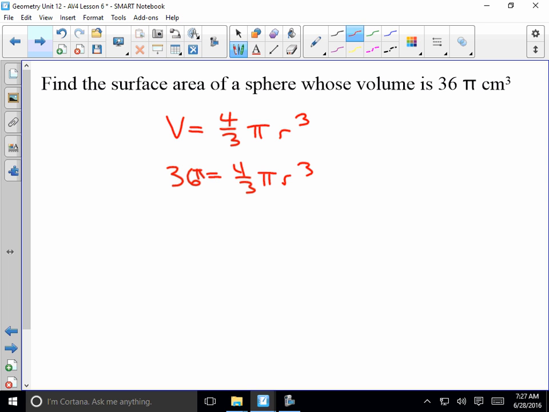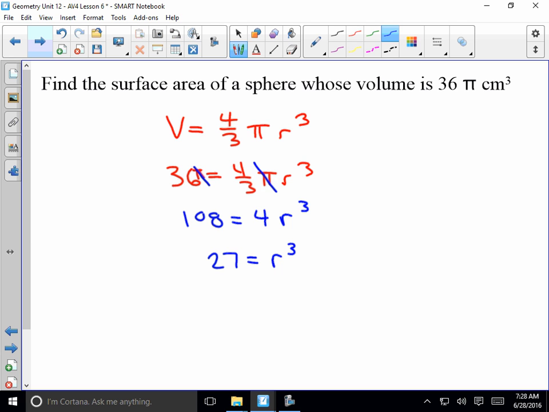Okay, and remember, we want to find some ways to make our work a little bit quicker. There's a pi on both sides, so we can divide those out. We want to multiply both sides by 3. So 36 times 3, 108. So we've got 108 equals 4 radius cubed. Now we can divide by 4. And we get 27 equals r cubed.